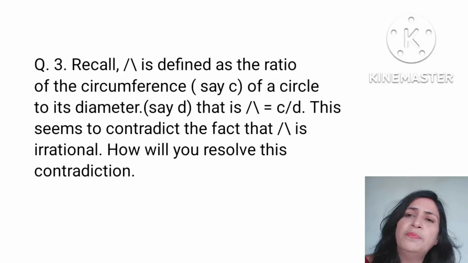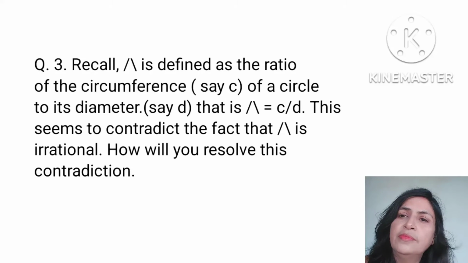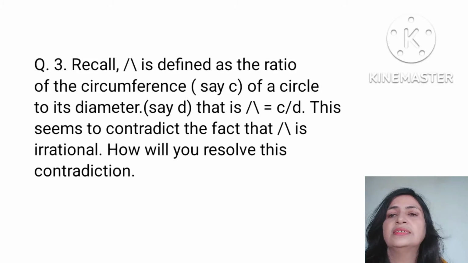We get some decimal places of it, and we do not get the full value, since it is an irrational number. So there is no contradiction. It is an approximate rational value, that either C or D is irrational.